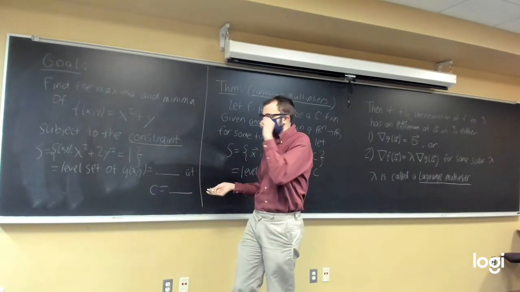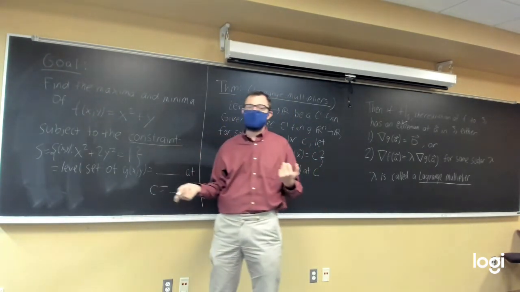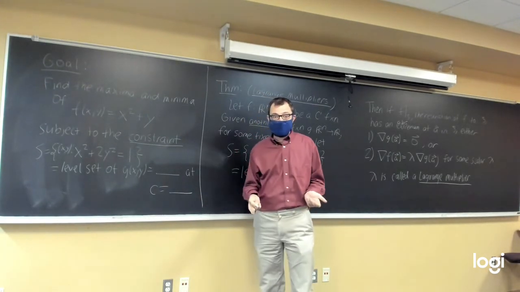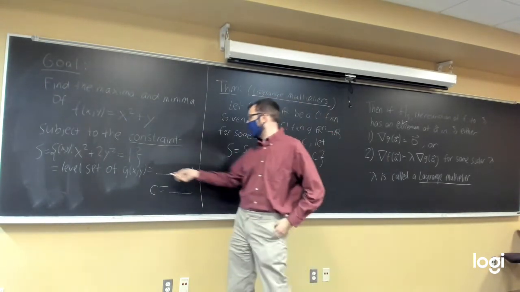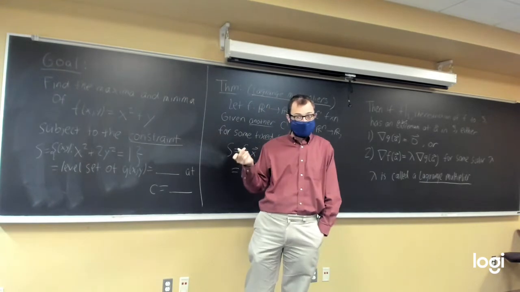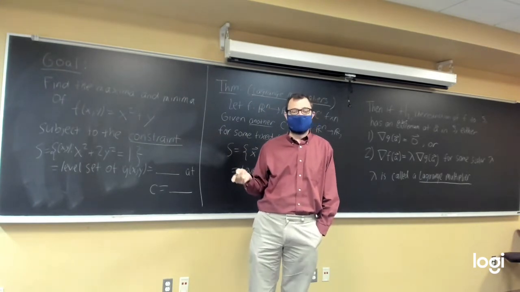So let's think about how can we take the equation x squared plus 2y squared equals 1 and write that as a level set of some function g of xy equals some expression in terms of x and y at some value of c.